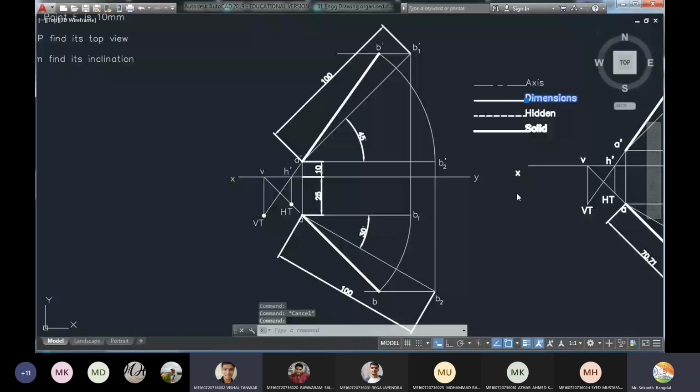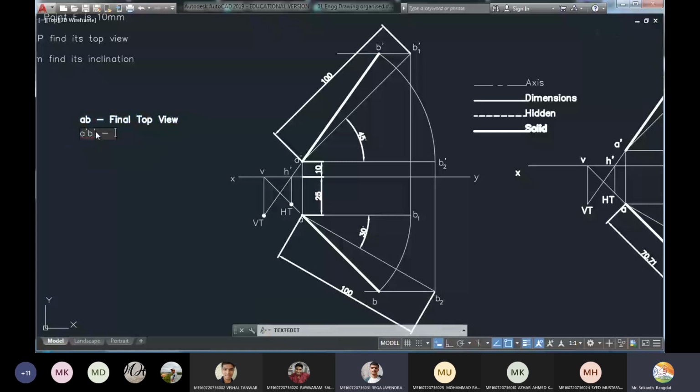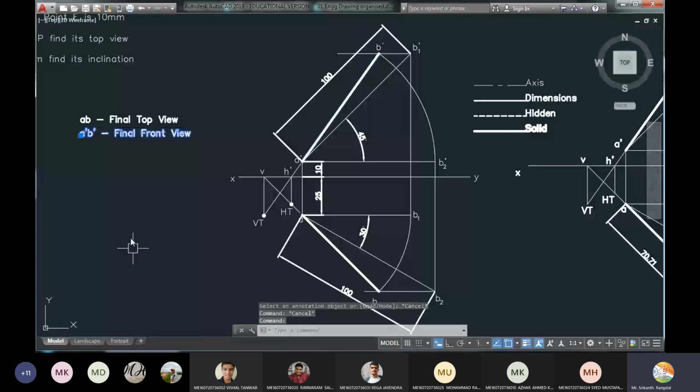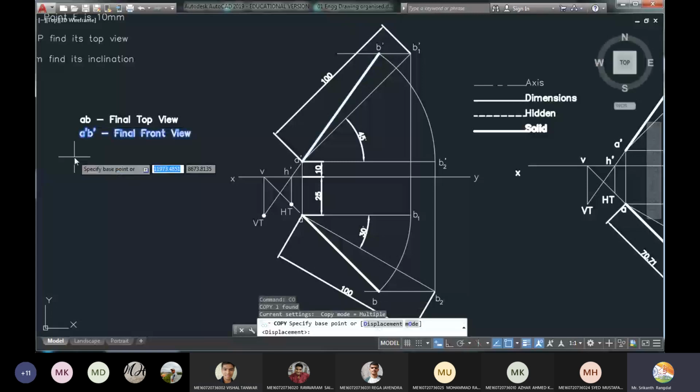AB is the final top view of the line. Then what is A dash B dash? Front view, sir. Final front view. It is also called the front view length. If you are considering the length, that length is called front view length.